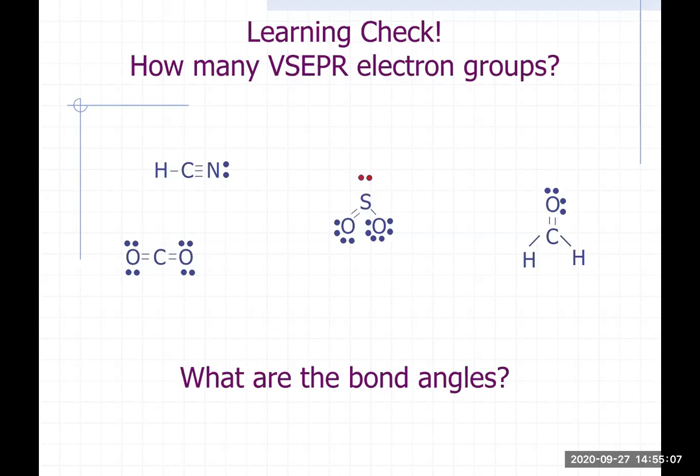So let's start with HCN, hydrogen cyanide. We look at the carbon because that's the central atom. How many VSEPR groups do we have? Here's one, and here's two, because remember, a triple bond is one electron group. So we have a total of 2 electron groups here.